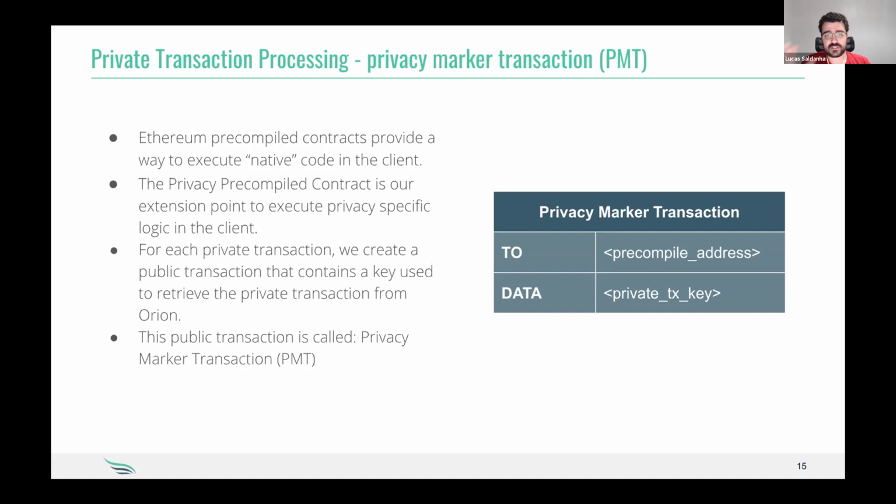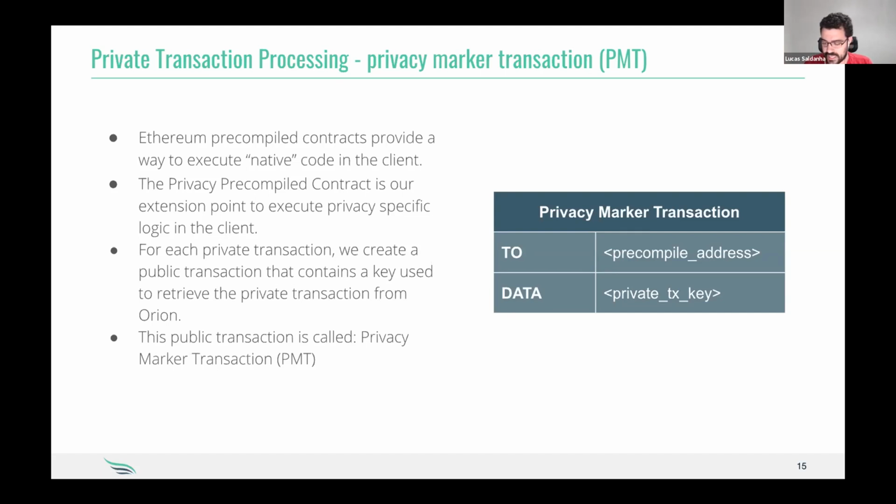Basically, when your Ethereum client is processing the PMT, because of the two fields that point to the precompile, it's going to invoke the precompile, and the precompile is going to use that key to retrieve the original transaction from Orion.